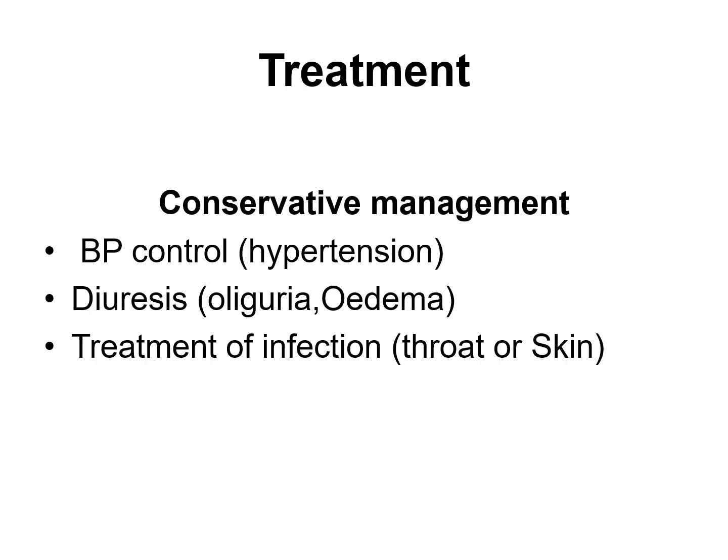We start to give him a sort of diuretics like Lasix or thiazide to increase urine output and decrease the edema. If we have a throat infection, we should treat it by antibiotics or skin.